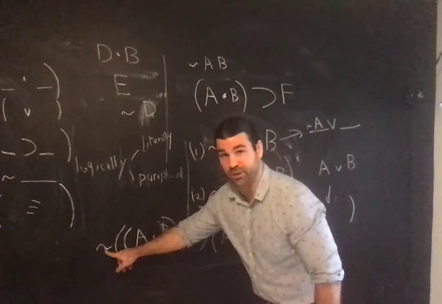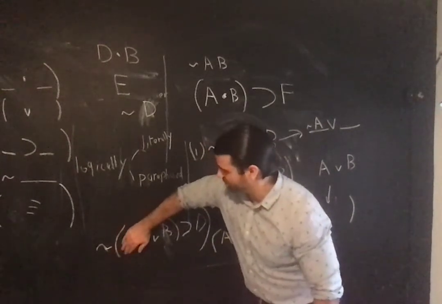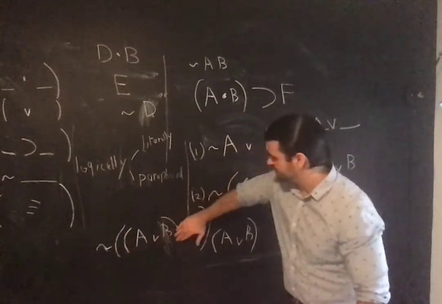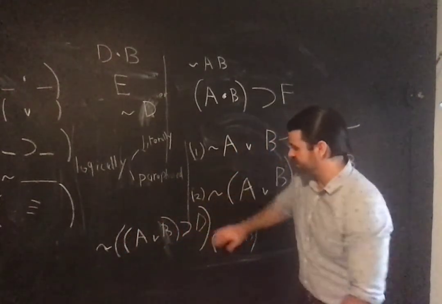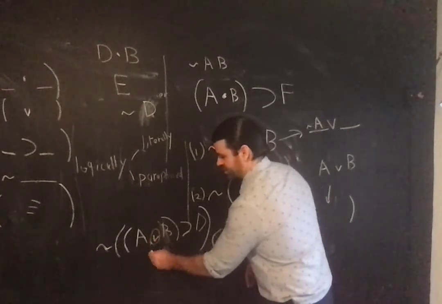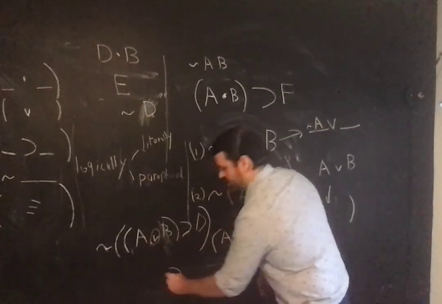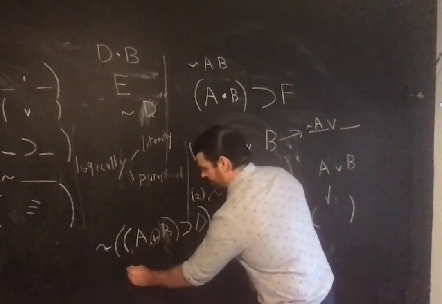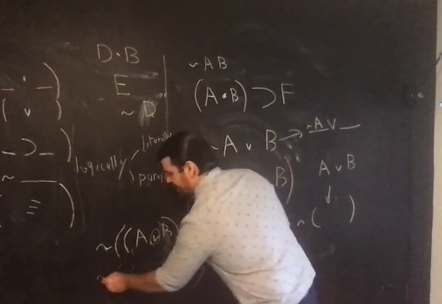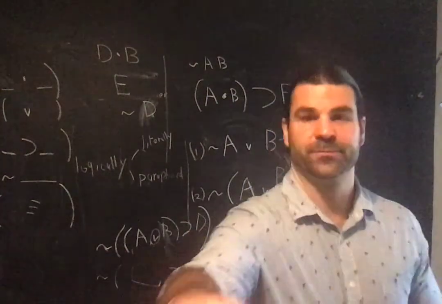Well, it's this because when I look at the negation, open bracket, I don't have a legal formula until I close both brackets. So I've closed one bracket here, but it's not until this. So in the order of construction, first I made a disjunction, then I made a conditional with that, and then I took that whole thing and negated it. So what is that? That is a negation.